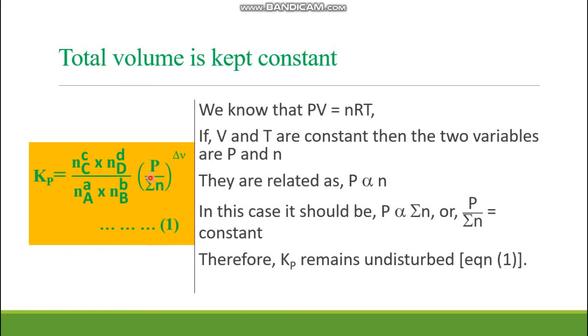If inert gas is introduced something more, then pressure would increase something more. Then the ratio is again the same. Whatever be the value of delta nu, it does not affect this ratio. If this part is not affected, then the numerator and denominator are also not affected. That means Kp remains undisturbed.